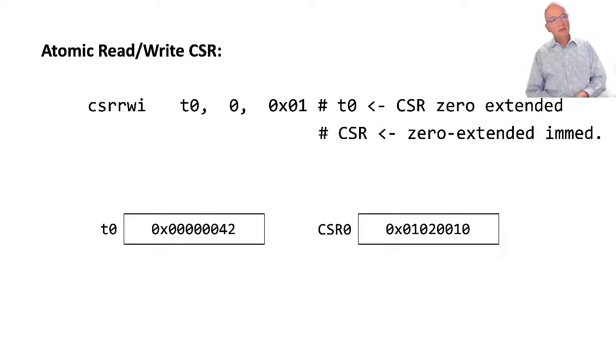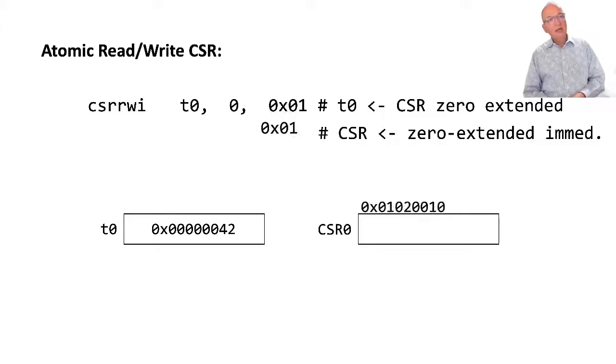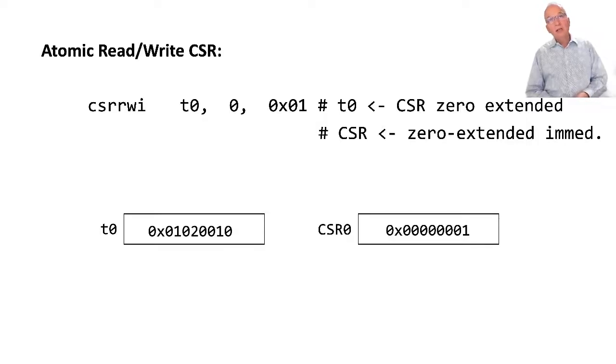Let's say T0 has the value 42, and the control and status register has that value. What is going to happen is that at the same time, atomically, the value from the control status register will move to T0. The immediate value will move to the control and status register and will be 0 extended to 32 bits.